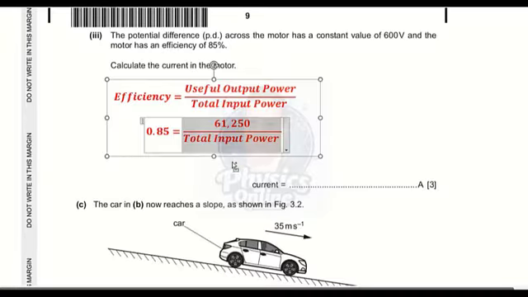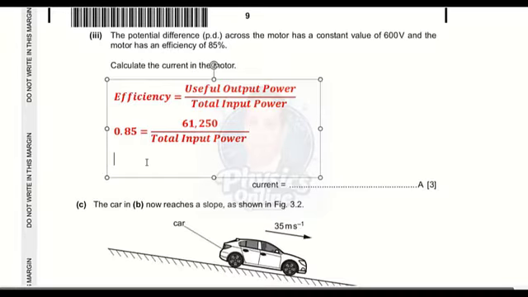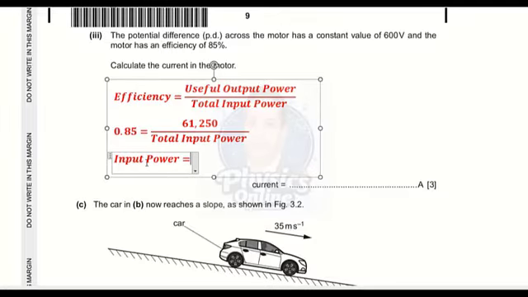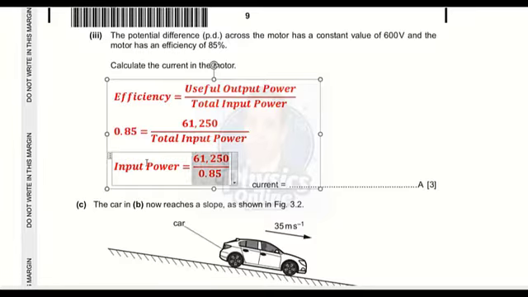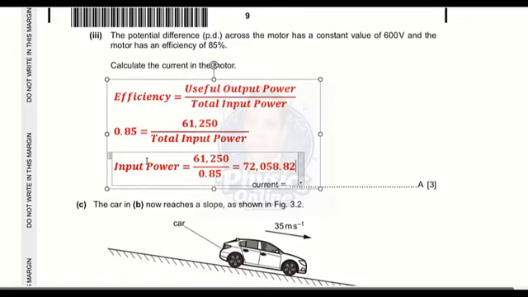Arranging the equation, total input power equals 61,250 divided by 0.85, which is about 72,000 watt.